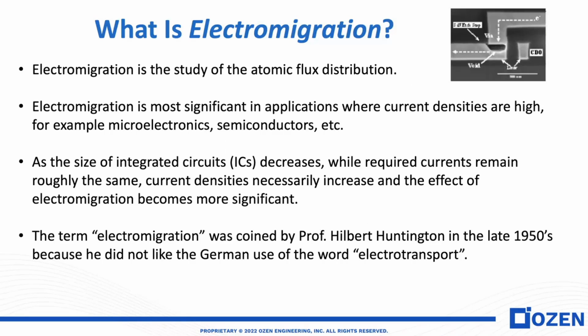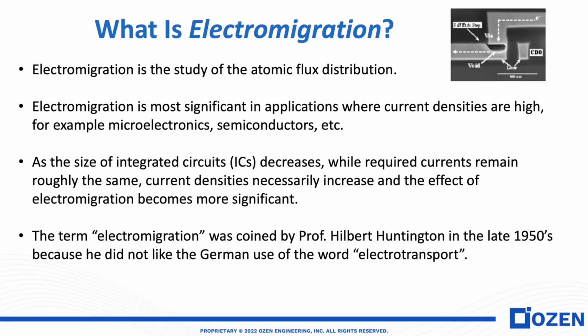Electromigration is primarily the study of atomic flux distribution, but there are more components to it. It's most significant in applications where current densities are high. And why are current densities high?